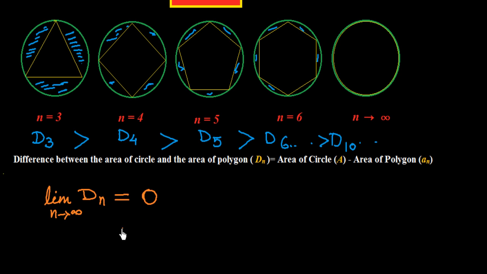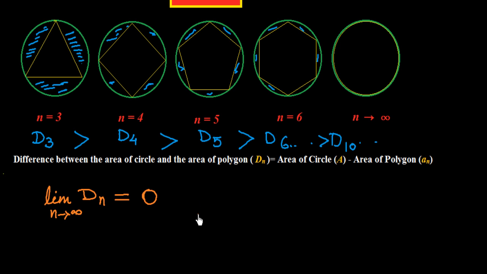So the difference of the area of the circle and the area of the polygon is 0 if n tends to infinity. This shows us why limits are required. We are approaching that point, but we cannot be at that point, so we need a limit to find it.